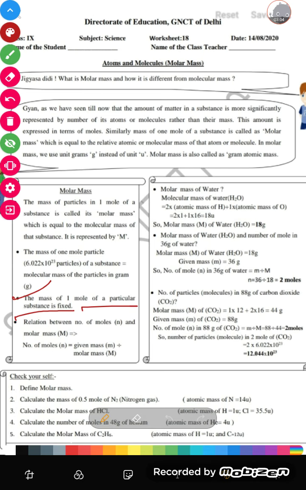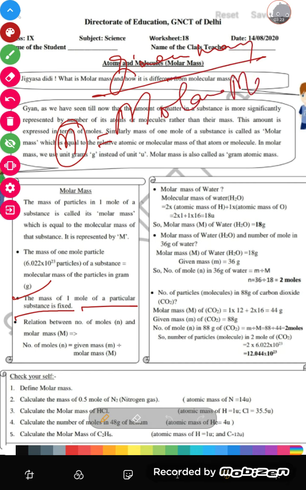The relation between the number of moles, which is represented by n, is equal to the given mass divided by molar mass.